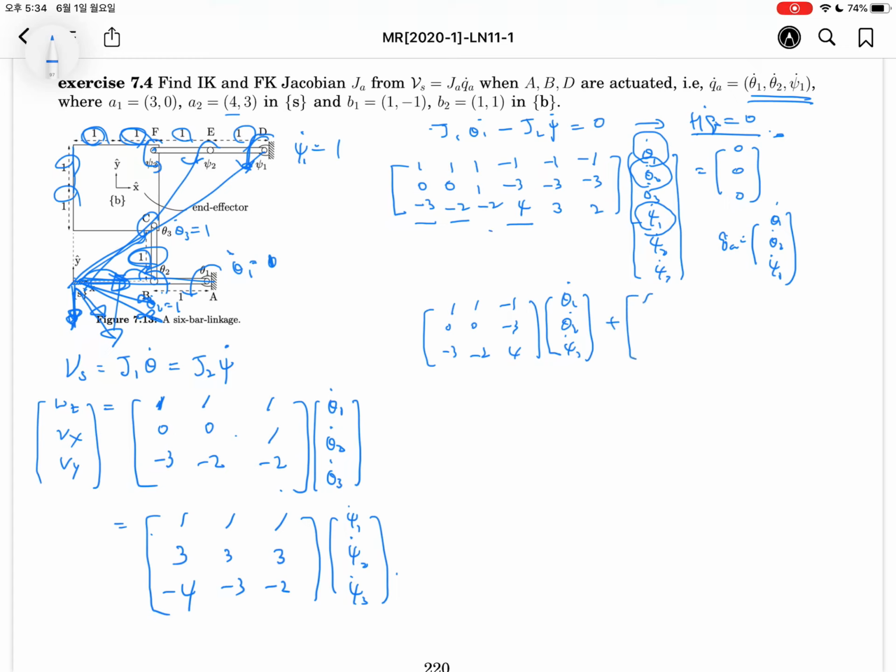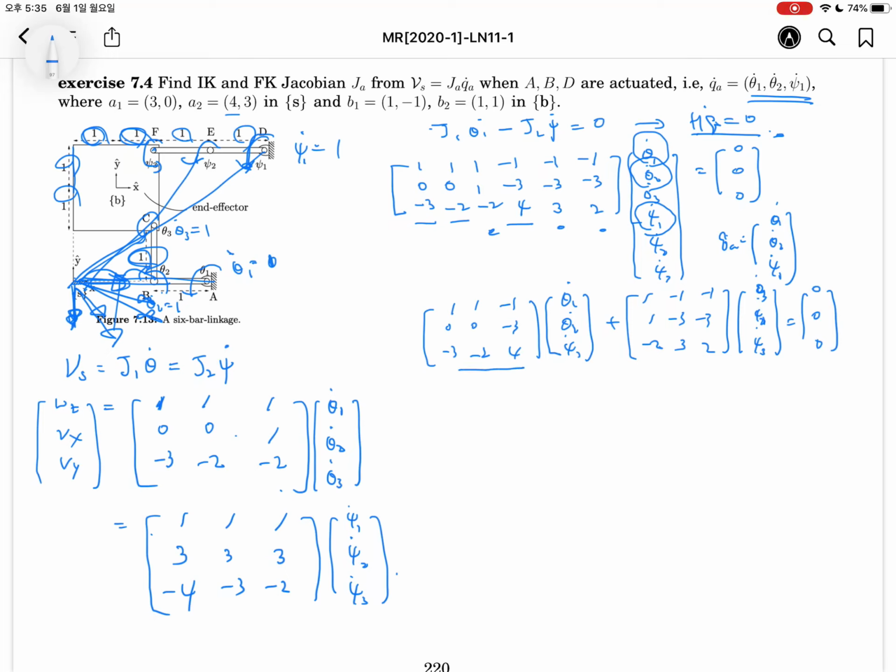The remaining are the passive joints, this is passive, and passive. So 1, 1, minus 2, minus 1, minus 3, minus 3, minus 1, minus 3, and 2. And then the passive joint velocities, theta 3 dot, psi 2 dot, psi 3 dot, will be 0, 0, 0, 0. Okay?